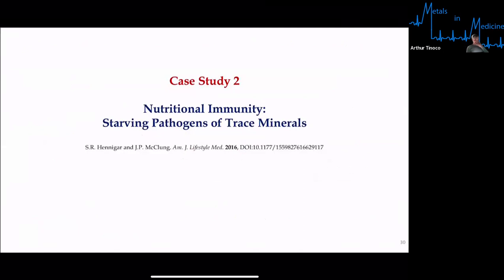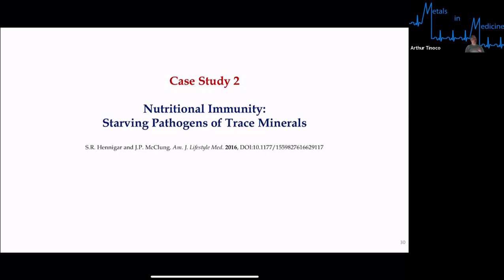All right, so the next thing I wanted to talk to you about, which is something we're going to talk about as we discuss further in the course, but it's important to bring this in the context of homeostatic control of metals. And so this is this idea of nutritional immunity, which is basically how your body responds to being infected by something that's pathogenic.